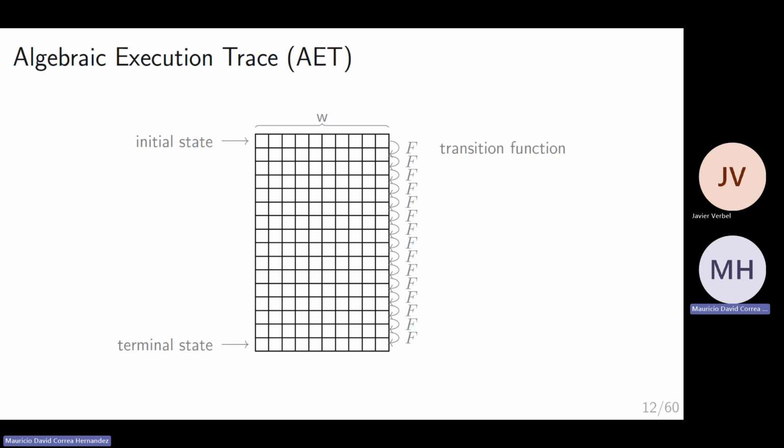Yeah, well, I guess if you define your wires correctly and define your circuit as the k-fold or n-fold composition of F with itself, then you have a circuit. So that direction is obvious. The other direction is not obvious. So how do you go from an arithmetic circuit to a state machine?